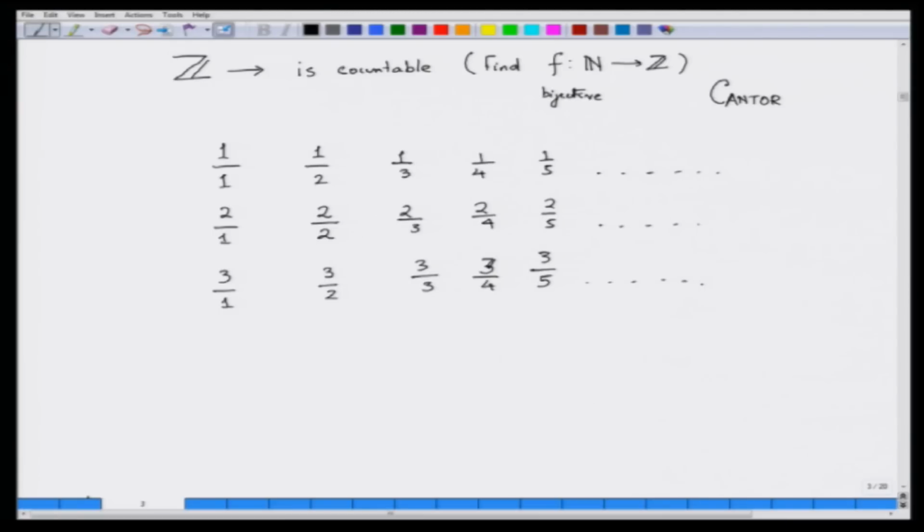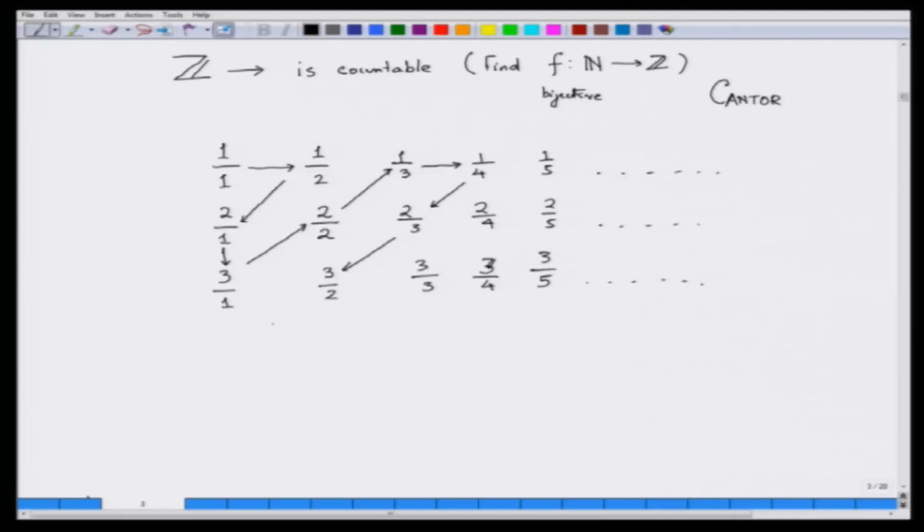So, here the step is the following: you start with this one and go to the right, then come down to the left, go down and go up again, and then go here again, and again do the same thing, go to the right, come down to the left and so forth.